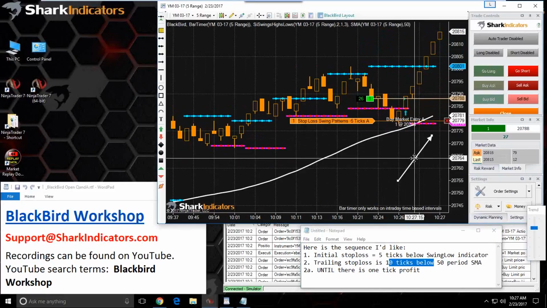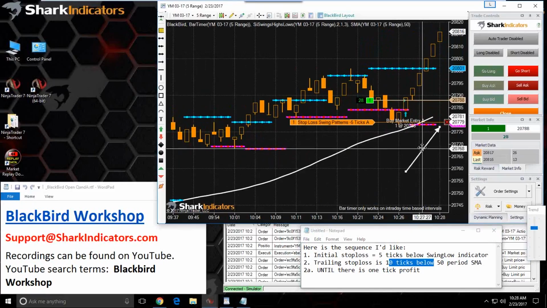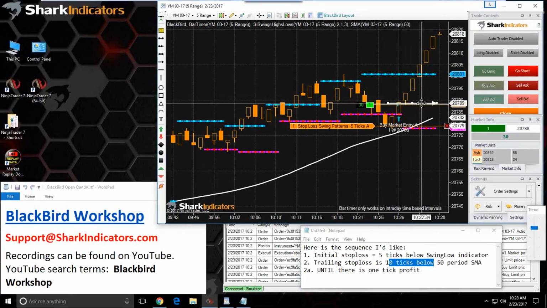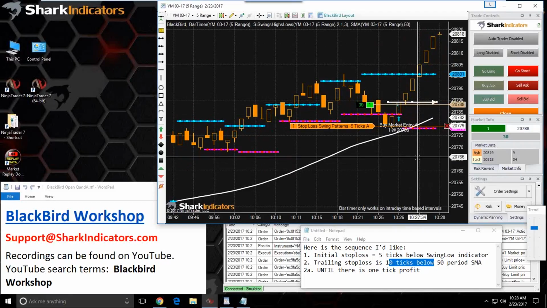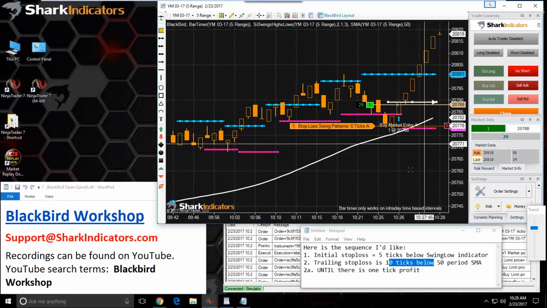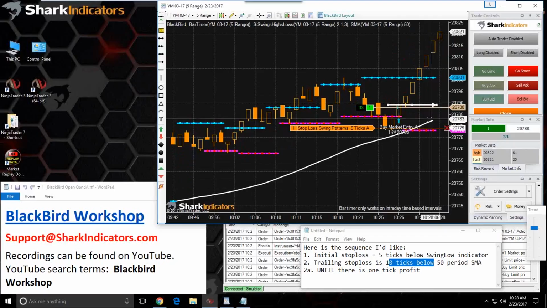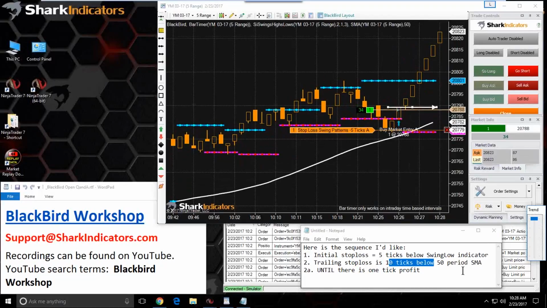Our stop loss is at 779, so the SMA has to get up to 789. So we're just going to have to let this market move up quite a bit to get our SMA 50 up there. And we just increase the trend.